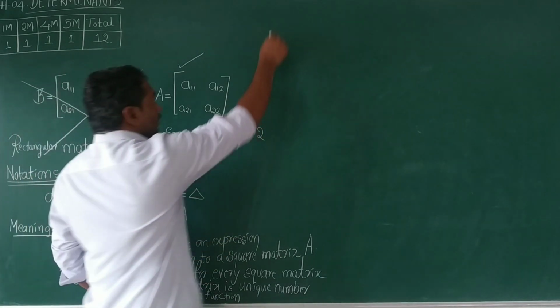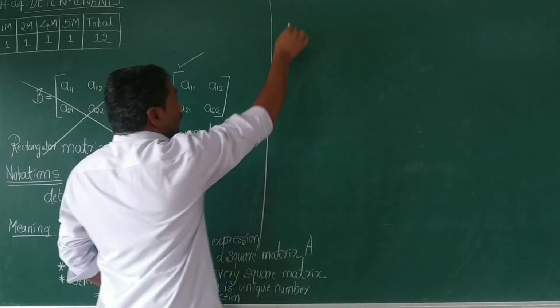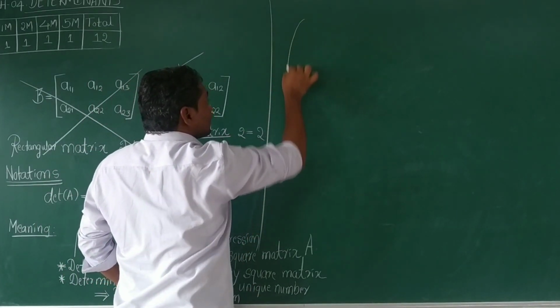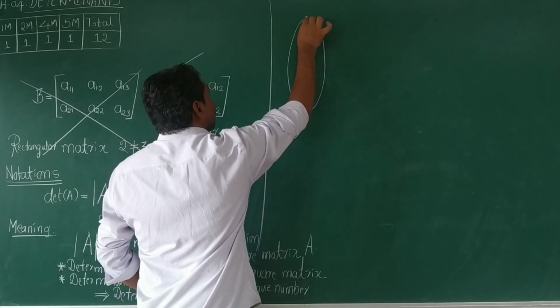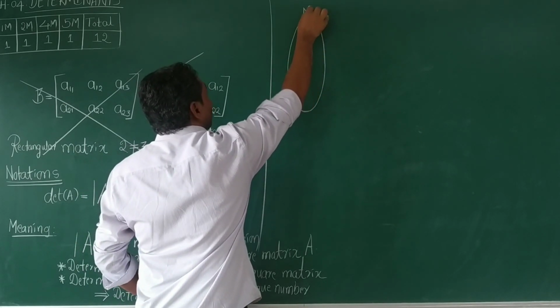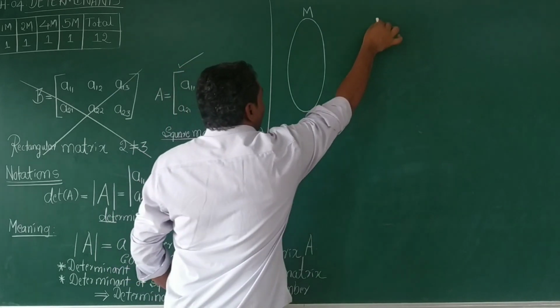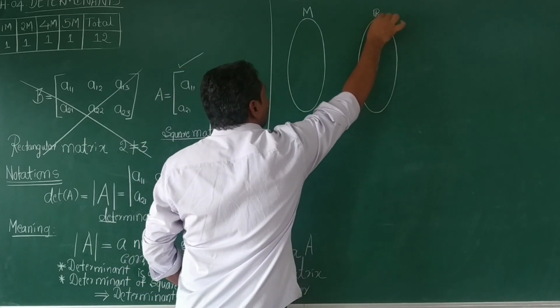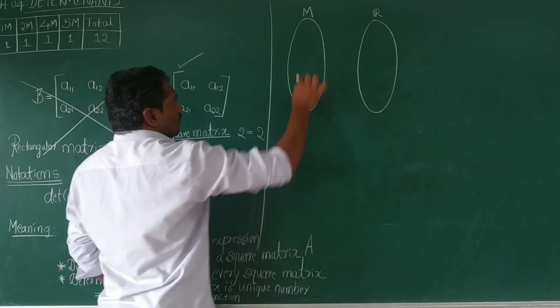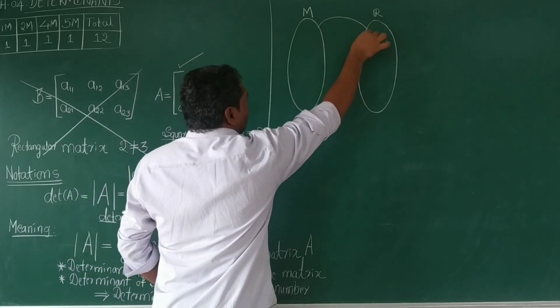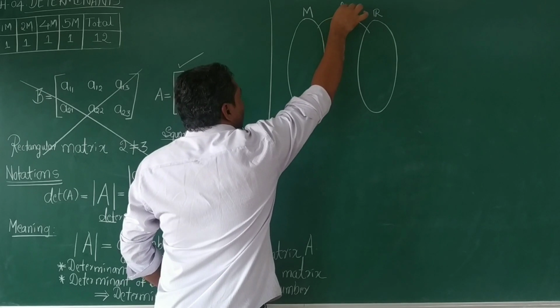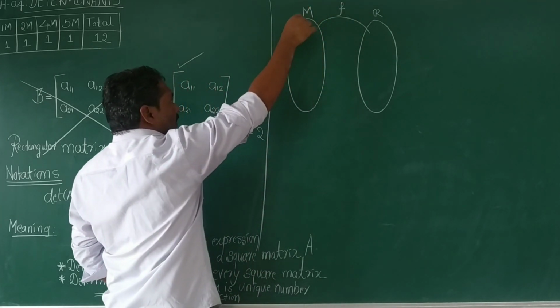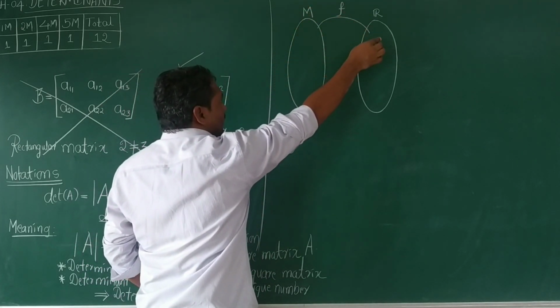So how do we define it? Suppose I consider the set of all square matrices as the domain of the function and the set of all real numbers as the codomain. Okay. So now define a function from the set of all square matrices to the set of all real numbers.